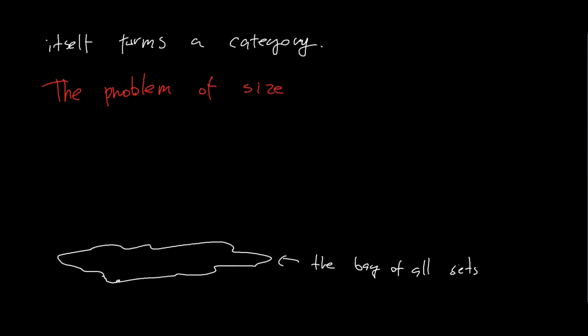This bag itself looks very much like a set, right? So we can think of sets as dots, okay? And this is the bag of those dots that we call sets. And this bag itself looks like a set. So we have another dot, which represents the bag. And the problem of size tells us that although it looks very much like a set of its own, we must not necessarily assume that this dot is one of the dots we started with, okay? So we do get a set, but it will be a set that does not live among the sets that we started with, okay?